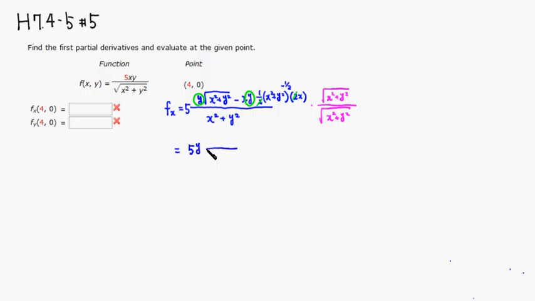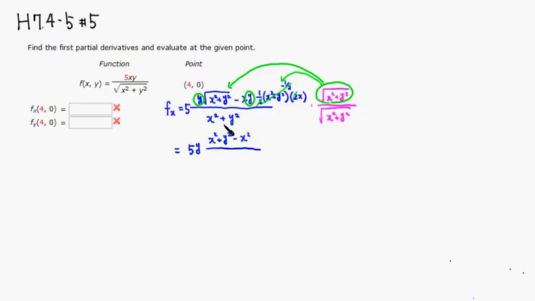If you distribute the square root of x squared plus y squared here, we get x squared plus y squared. Then if you distribute this guy here, you can actually cancel it out, so what you get is negative x squared, so minus x squared.